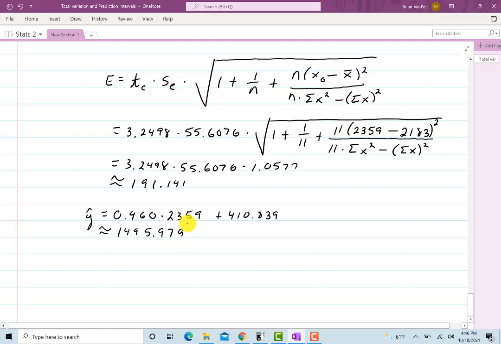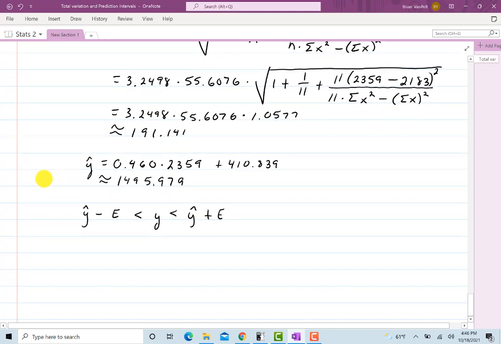Now we're ready for our interval. Where's our e? It'll look like y hat minus e is less than y is less than y hat plus e.